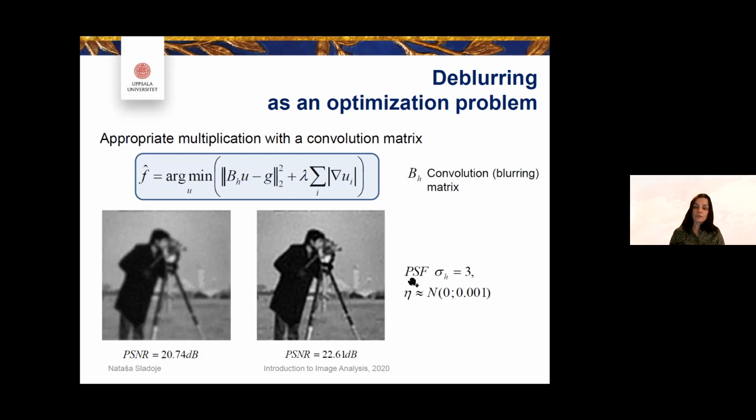So if we don't know enough about our degradation, we can still formulate this very similar optimization process so that we simultaneously optimize for both. Of course, the result will in general not be equally good as if we knew the right formulation of our point spread function, but it will still produce some result. And if we don't have any better option, that is then a way to go.